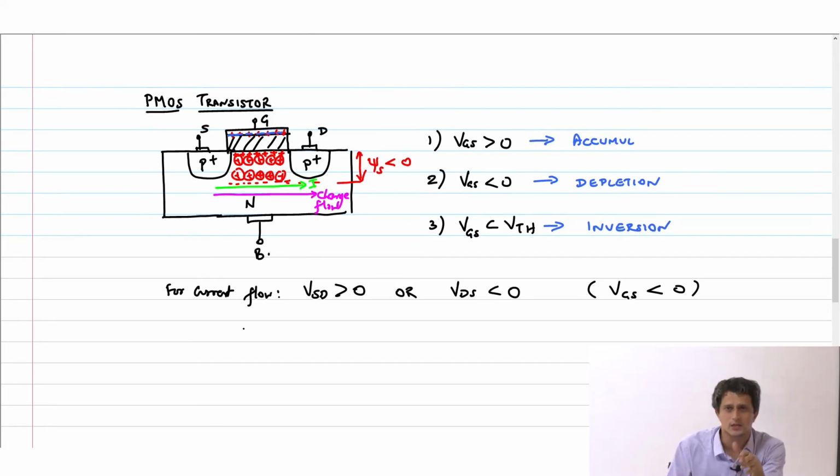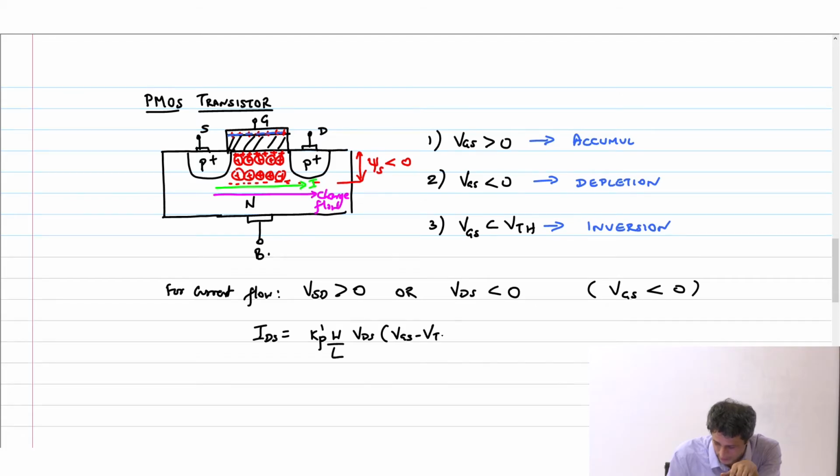So it turns out that the drain current equation does not change. My IDS will be Kp prime W by L into VDS into VGS minus VT, I'll call it VTP if you want, minus VDS by 2.